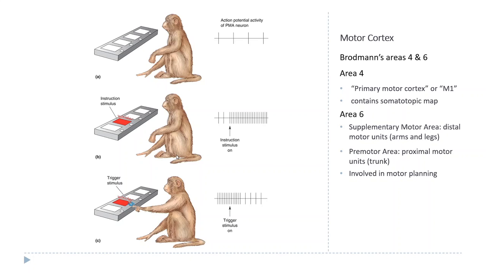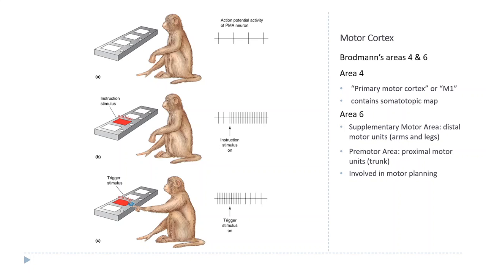And it keeps firing until the trigger stimulus comes on. But then about a split second after the trigger stimulus comes on, and after the movement initiates, as soon as the trigger stimulus comes on the monkey starts moving its arm, that neuron shuts off. So the implication, or the assumption, is that this neuron is active during this sort of waiting phase, and that it is somehow involved in the circuit that's planning out the movement.